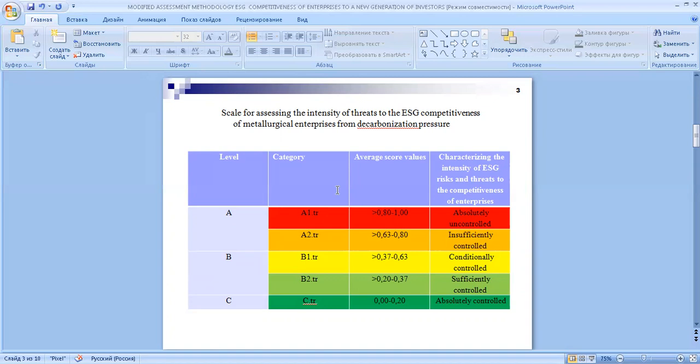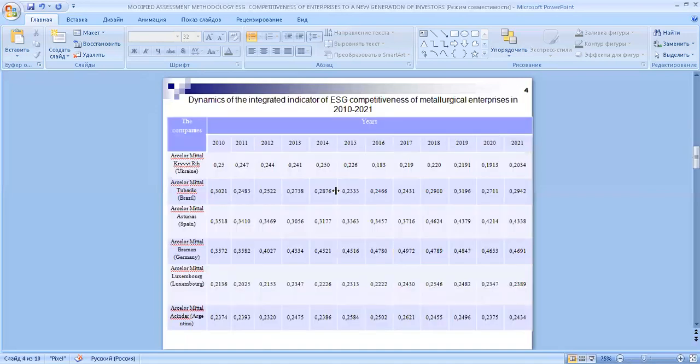To confirm the viability of the proposed methodology for assessing the ESG competitiveness of enterprises, we applied it to the assessment of the competitiveness of ArcelorMittal Steel Group enterprises, as you can see on the table number 4.